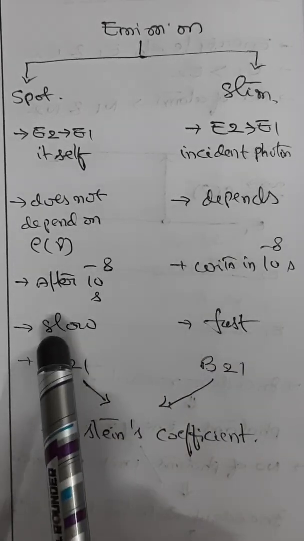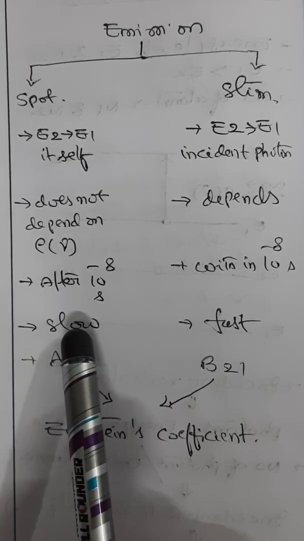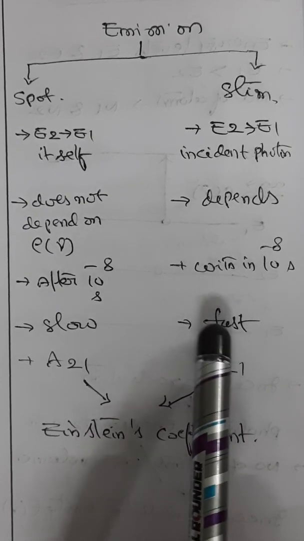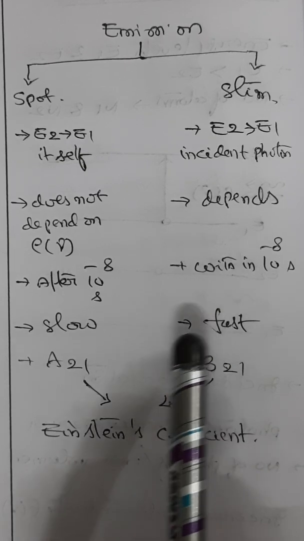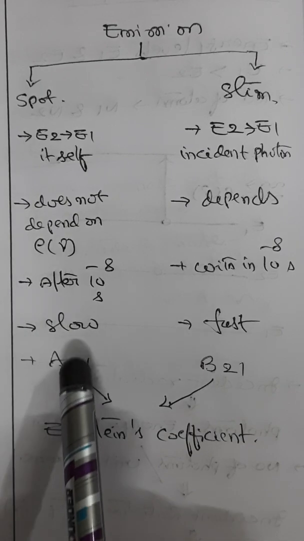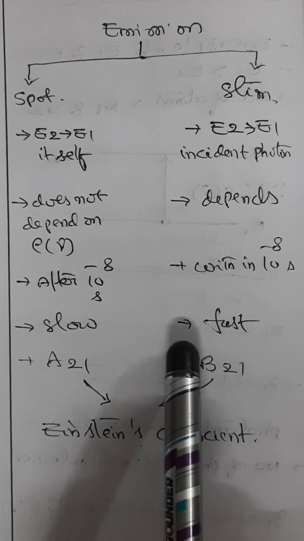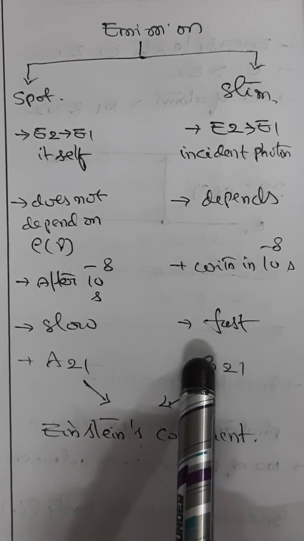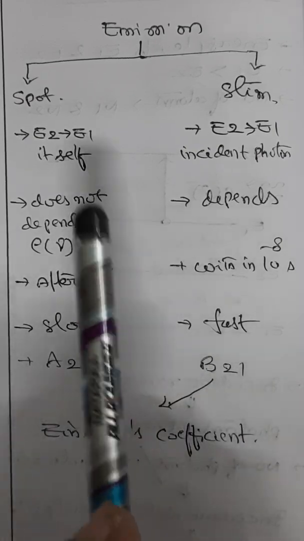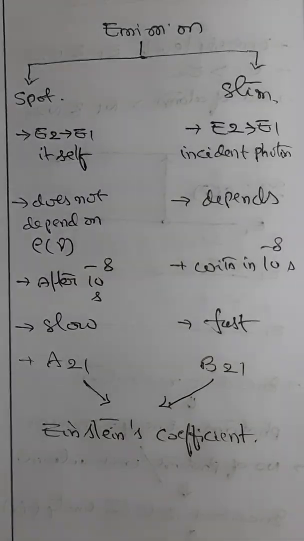Spontaneous emission is a very slow process when compared to stimulated emission, whereas stimulated emission is a very fast process. And of course, in spontaneous emission you get the Einstein coefficient of spontaneous emission as A21, while in stimulated emission you get the Einstein coefficient of stimulated emission as B21. This is how you can distinguish between spontaneous emission and stimulated emission.